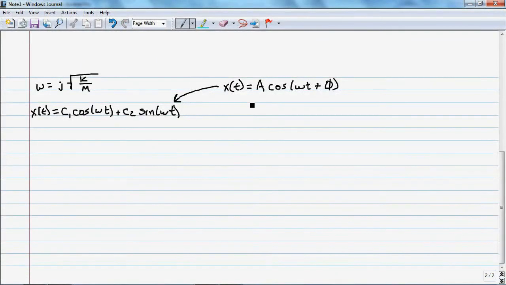So we're going to have A cosine omega t cosine phi minus sine omega t sine phi.